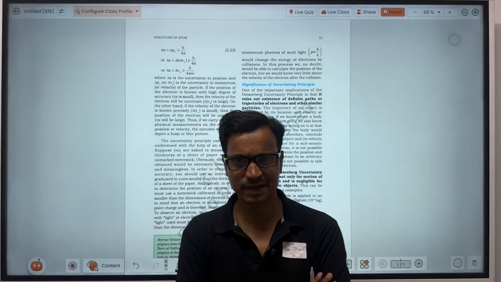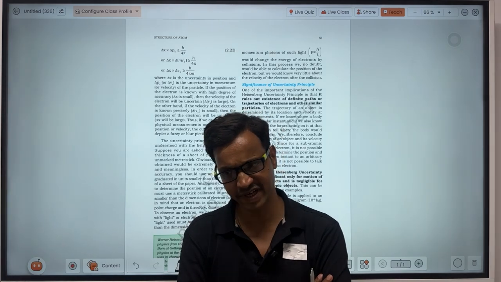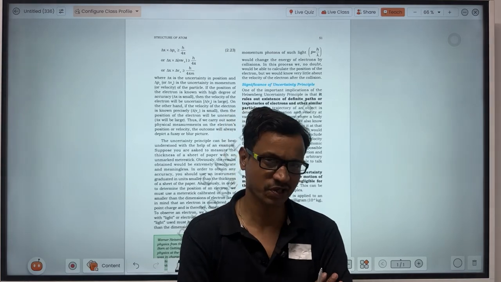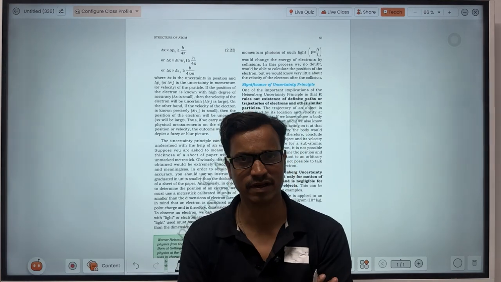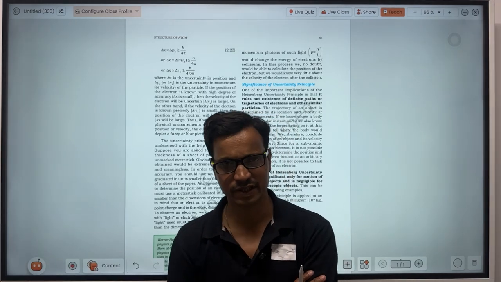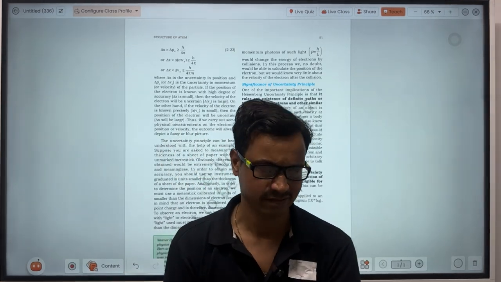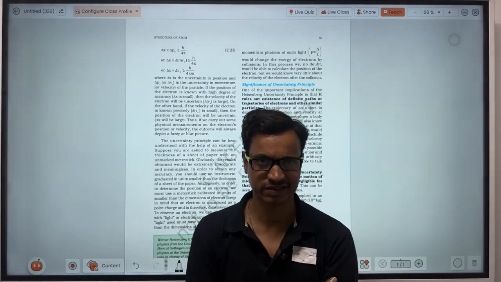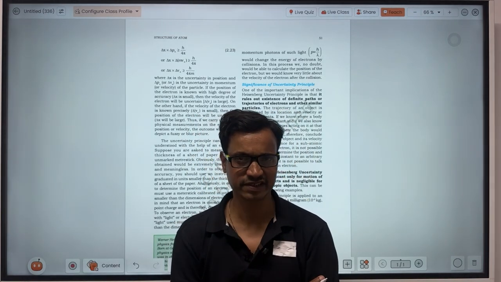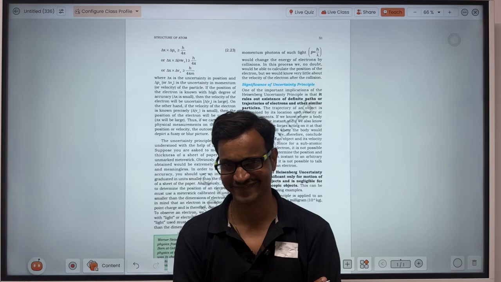But that can be stated only when both position and momentum of the electron can be calculated accurately. According to Heisenberg's uncertainty principle, both cannot be calculated accurately. That's why we cannot say that the electron revolves around the nucleus in a definite circular path.